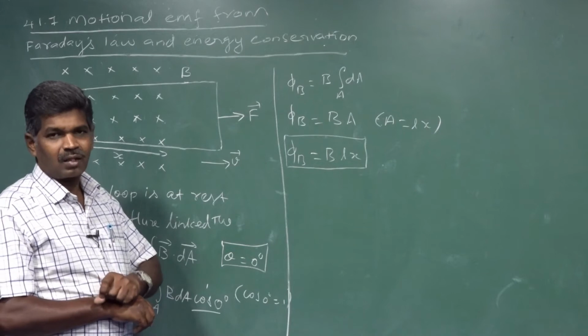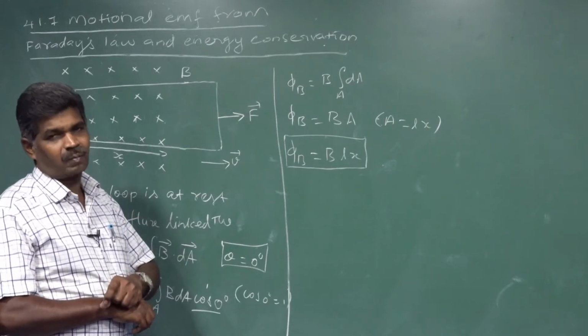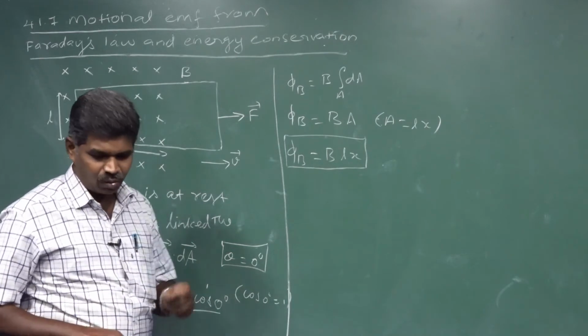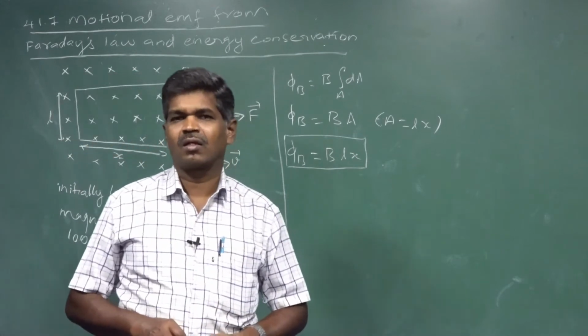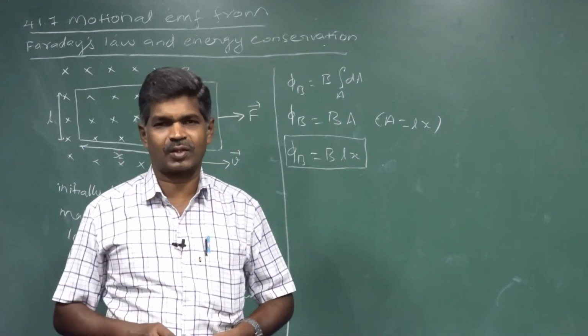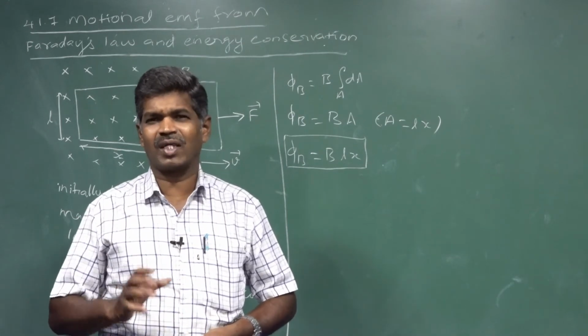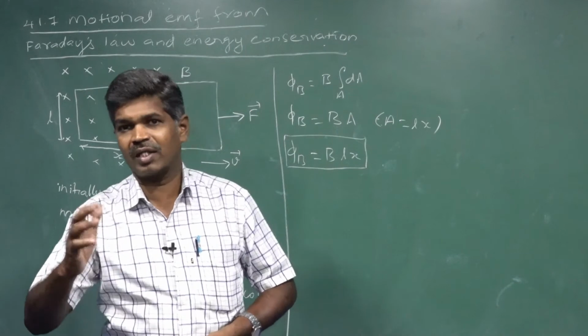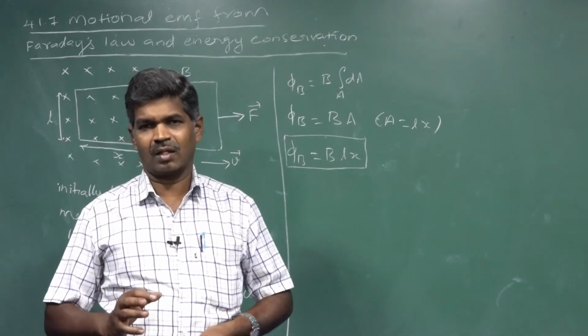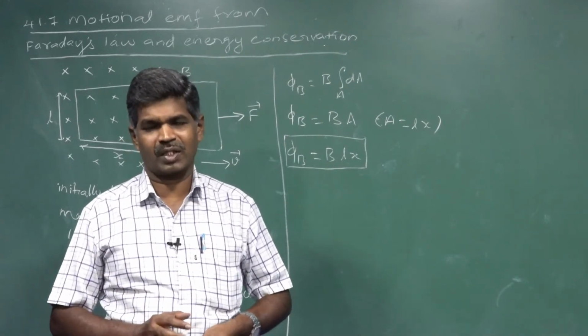According to Michael Faraday's laws, there are two laws for electromagnetic induction. First law: whenever the magnetic flux linked with the coil changes, then EMF is induced in it. That is the first law.